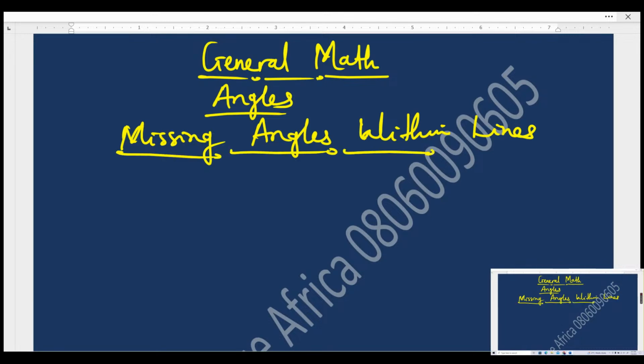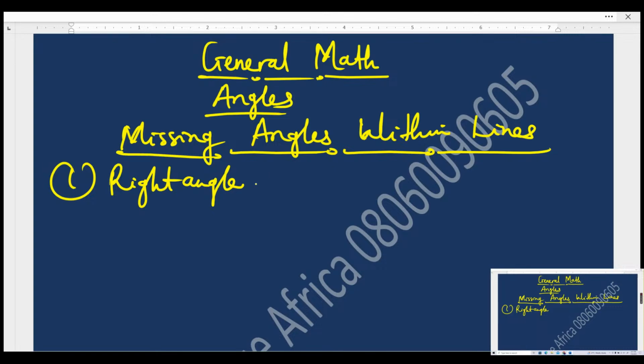The first one is the right angle. A right angle is an angle that sums up to 90 degrees. So when you see an angle of 90 degrees, it is called a right angle.